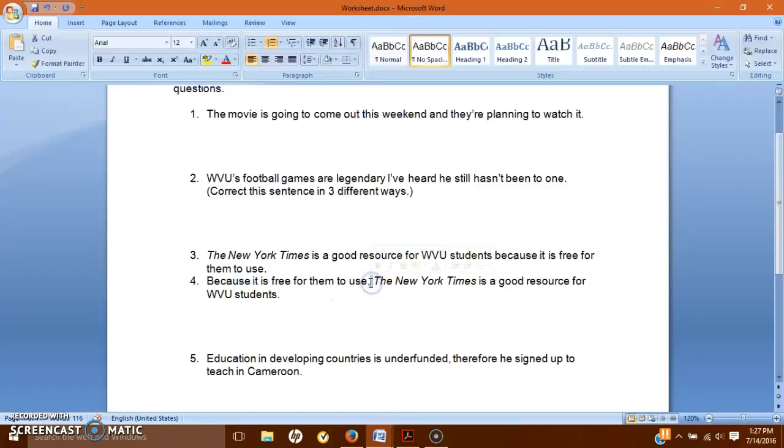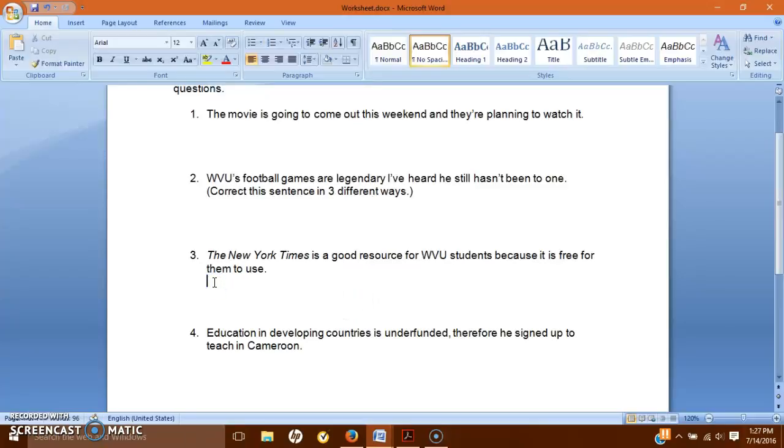Notice that when you do change it around, you have the comma here. Because this is an introductory clause, so there's a natural pause or a breath here, we put a comma there. However, when you switch it around, you don't need to add a comma because it's not a coordinating conjunction, okay? So that one is a little tricky, but in order to correct it, we just took out the comma.